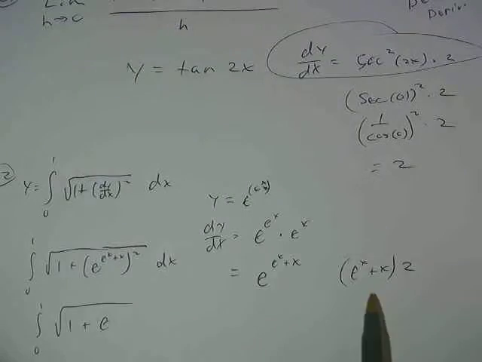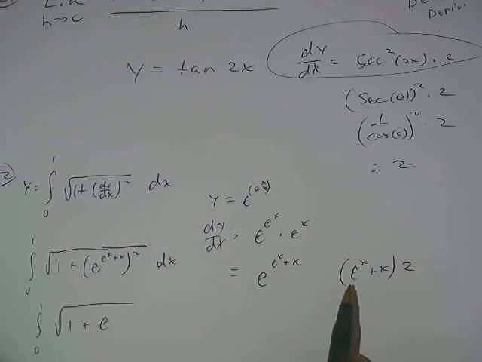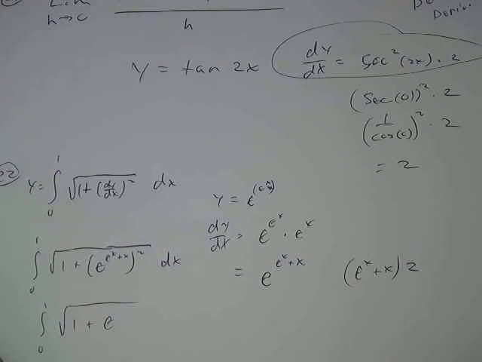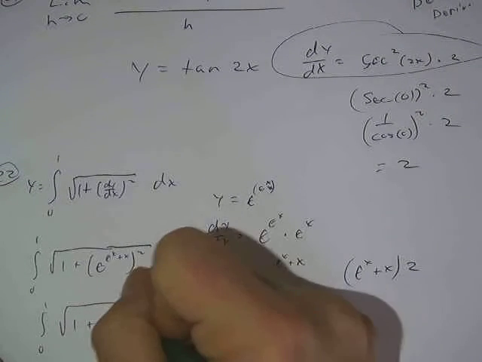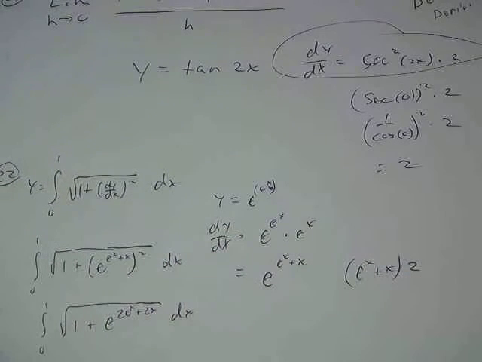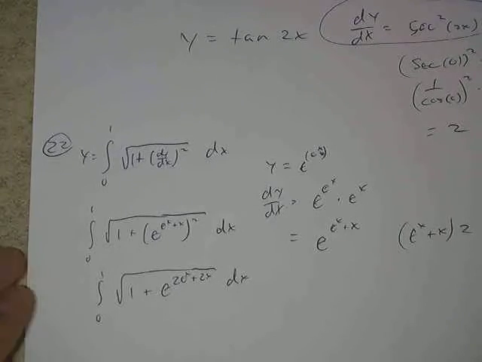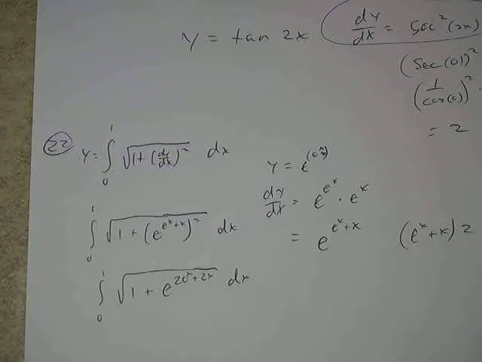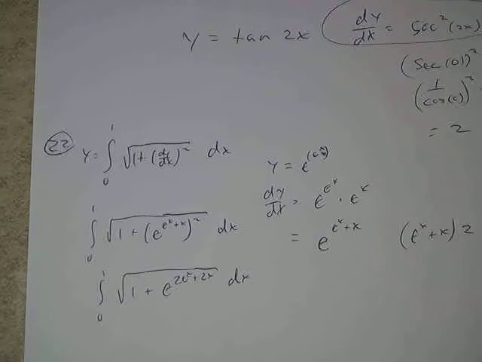Remember, we're multiplying the power times the power, so it's just a distributive property problem. It'll be 2e to the x plus 2x. And ultimately, looks like that matches up with A. So ultimately, this is A.